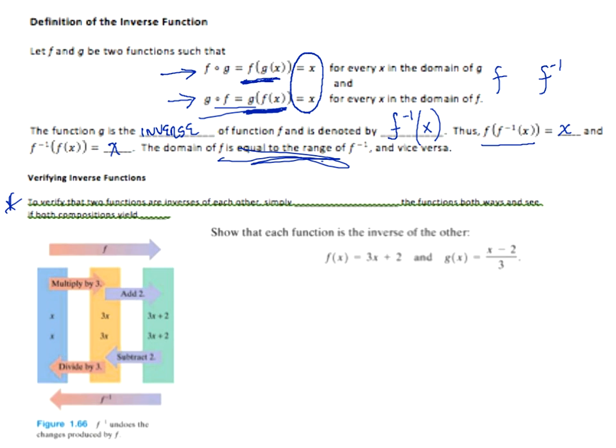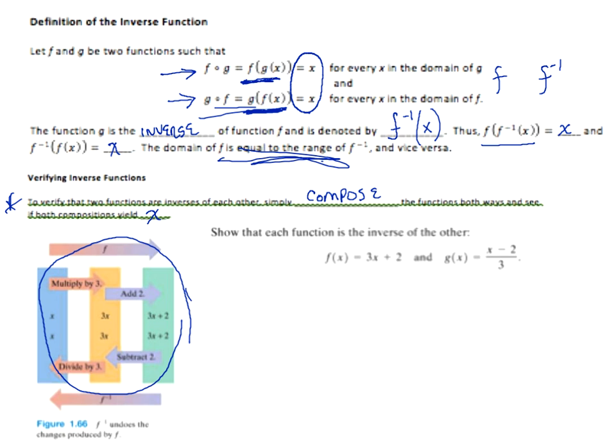So, moral of the story is, to verify that two functions are inverses of each other, simply compose the functions both ways and see if both compositions yield x. So this little picture over here is in your notes, and this is just a visual of what I'm going to be doing off to the right-hand side here.